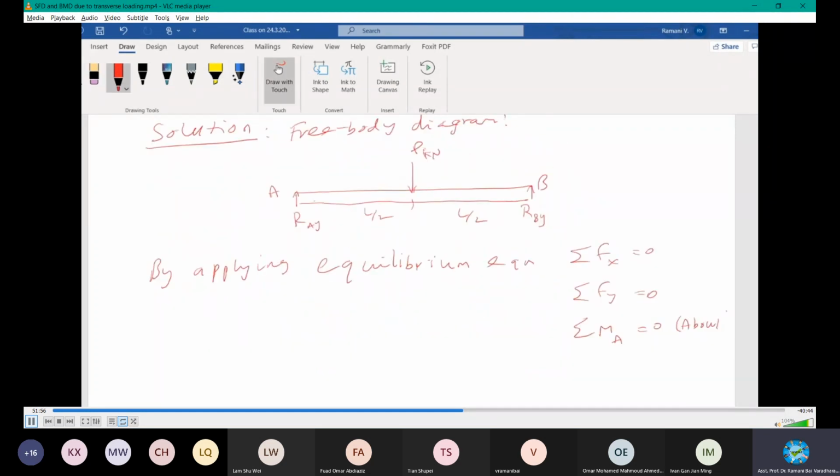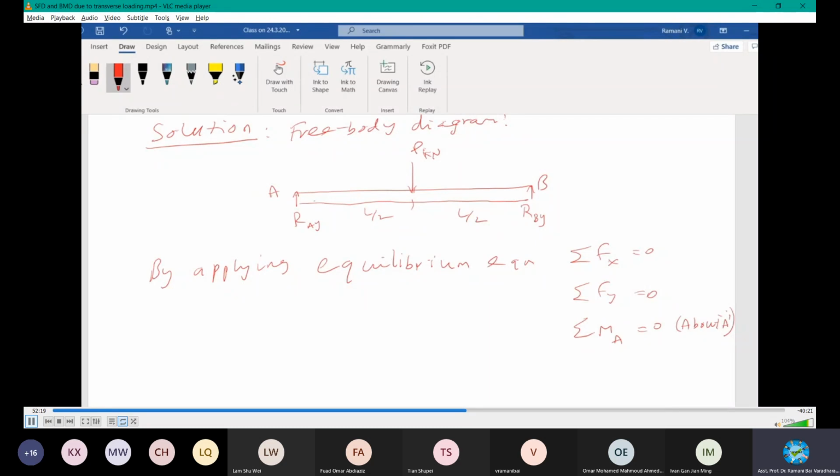Moment doesn't stand alone, it needs a lever arm. About a section or a point, you have to take it. Then moving on, we apply sigma Fx equal to 0 because there is no horizontal force acting on the member. Naturally, there won't be any horizontal reaction provided by the member.